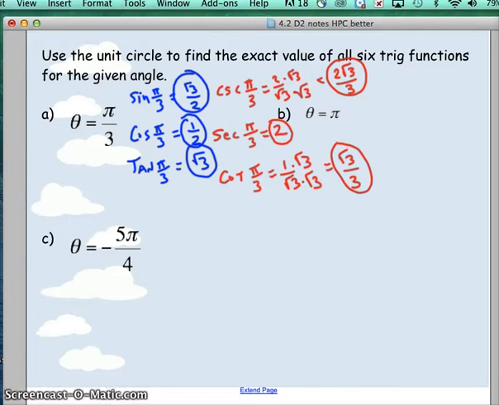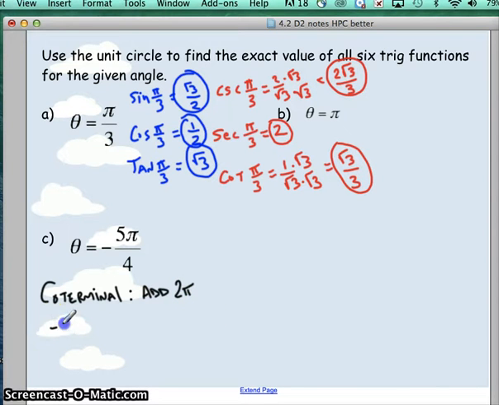If you were going to do this problem, negative 5 pi over 4, there's no negative 5 pi over 4 on your unit circle, so we would try to find a coterminal angle by adding 2 pi as many times as we needed to.